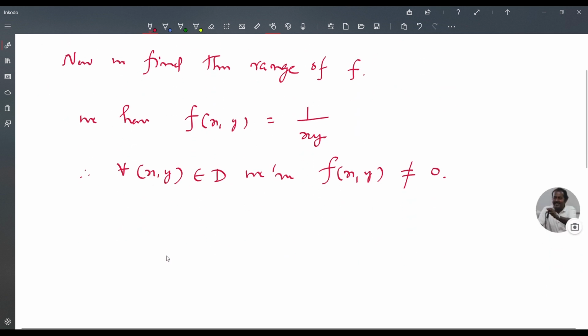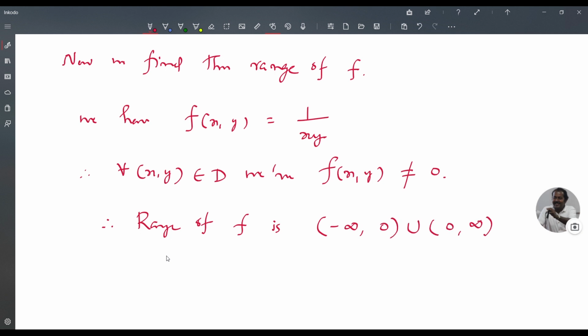Therefore, the range of f is the open interval minus infinity 0 union 0 infinity. So this is the range of f. So you know that when xy belongs to D, 1 by xy belongs to minus infinity 0 or 0 infinity.